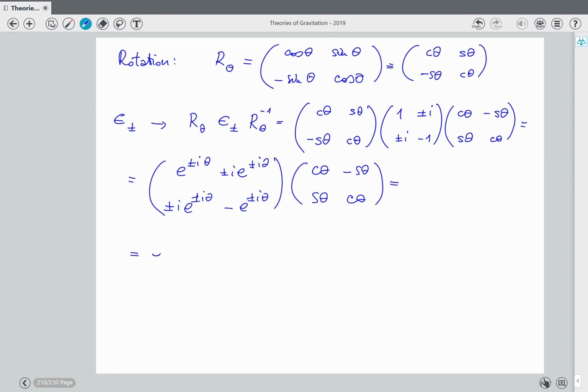So basically what you have is e to the plus or minus I theta, 1 plus or minus I, plus or minus I, minus 1.